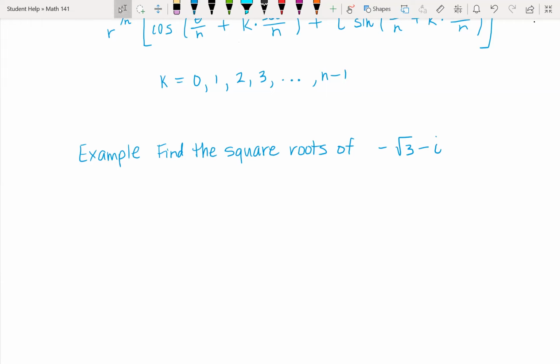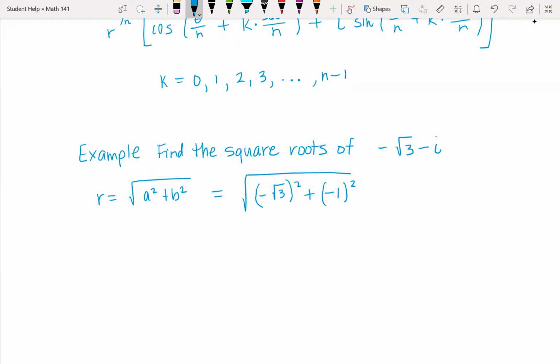So using the theorem that we had above, we need to first change this into trigonometric form. So we'll find r, which is the square root of a squared plus b squared, or negative root 3 squared, plus negative 1 squared. So that'll be 3 plus 1.